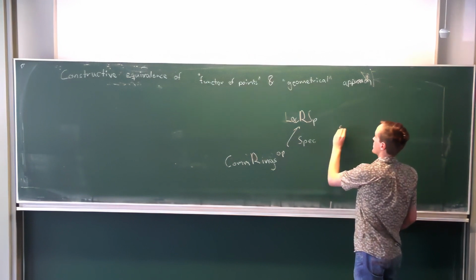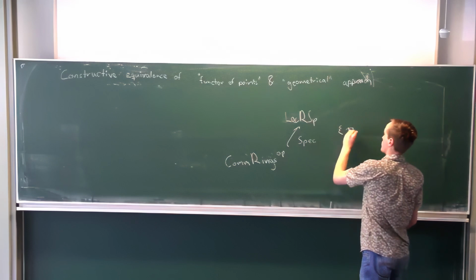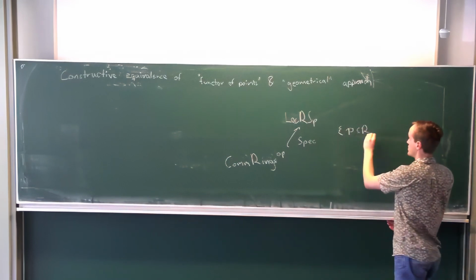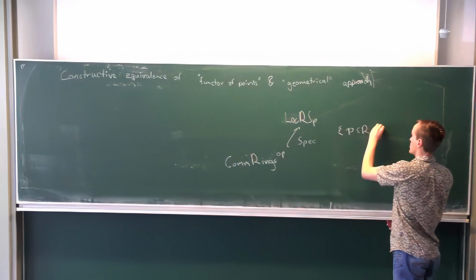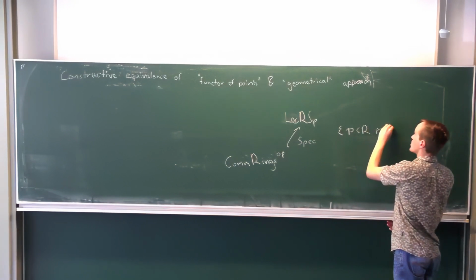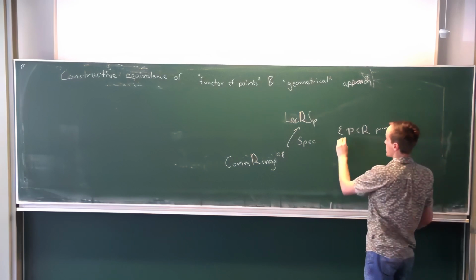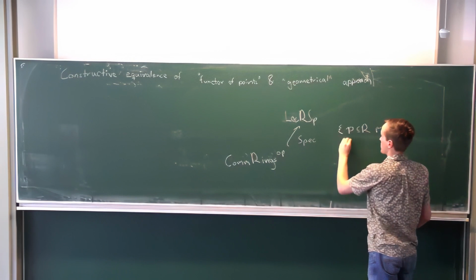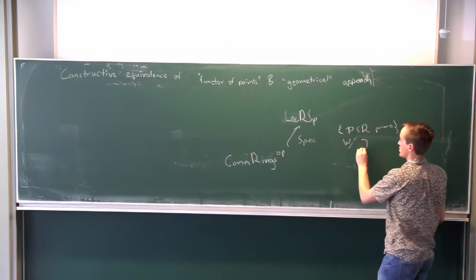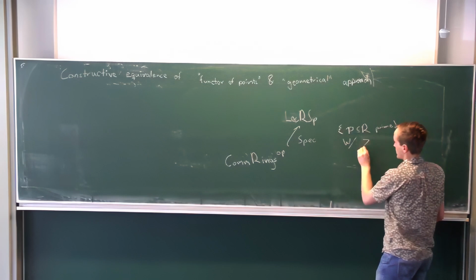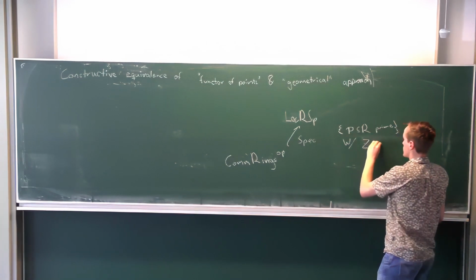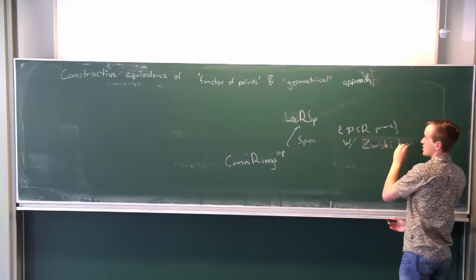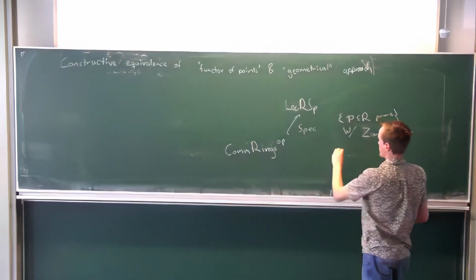So when you want to introduce this functor Spec, you look at the set of all prime ideals of your ring R, together with the Zariski topology and structure sheaf.